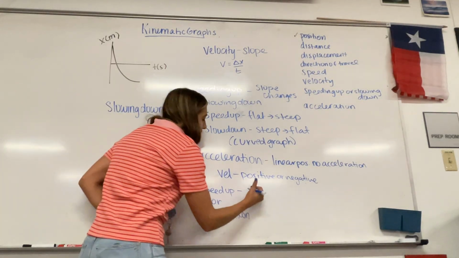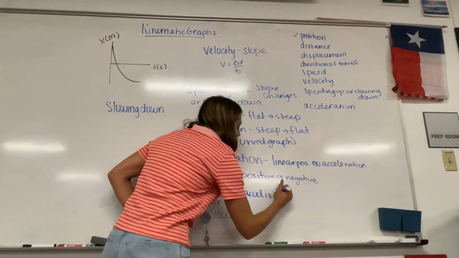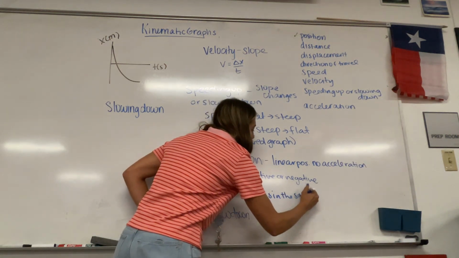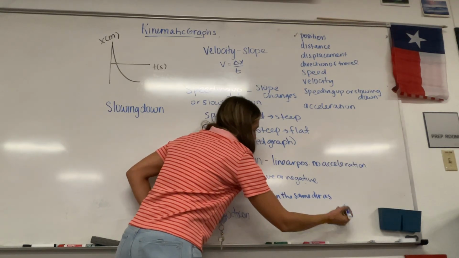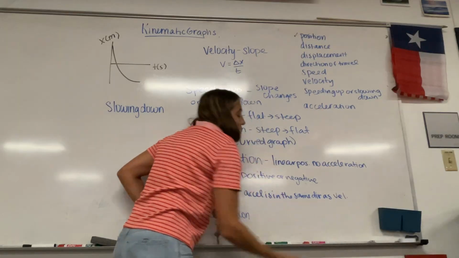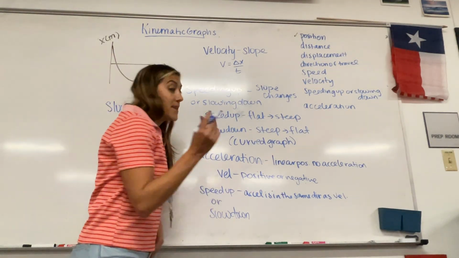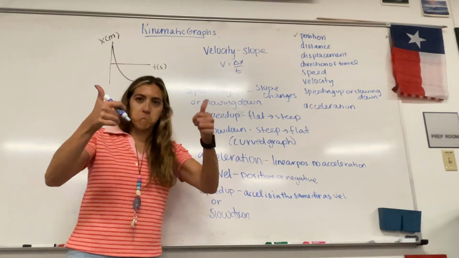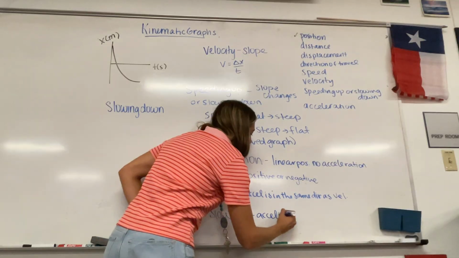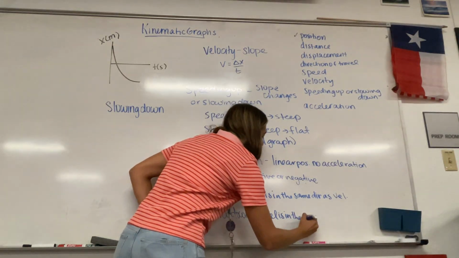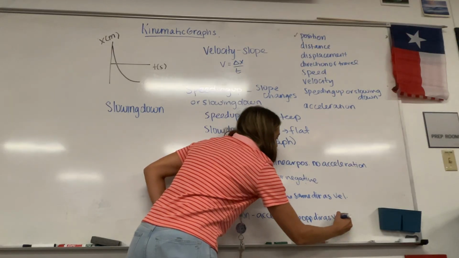If it's speeding up, then that means that my acceleration is in the same direction as velocity. So if I have positive velocity, I would have positive acceleration. Negative velocity, negative acceleration. Cool. If I'm slowing down, acceleration is in the opposite direction as velocity.